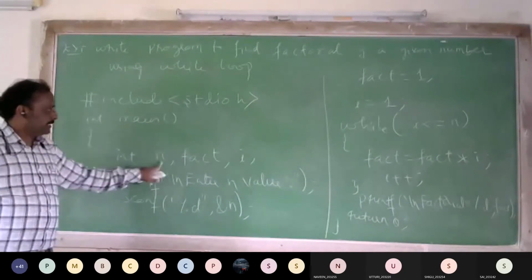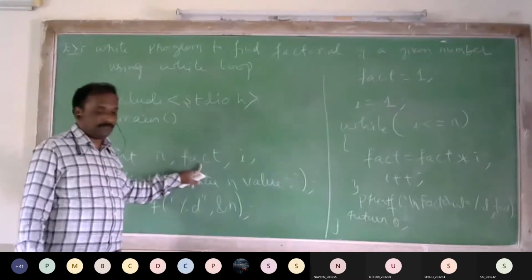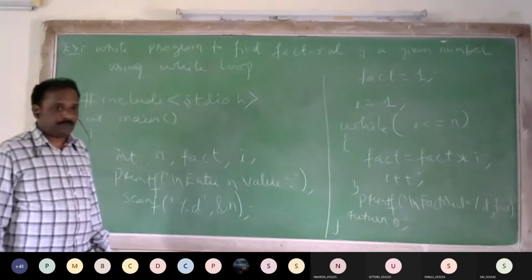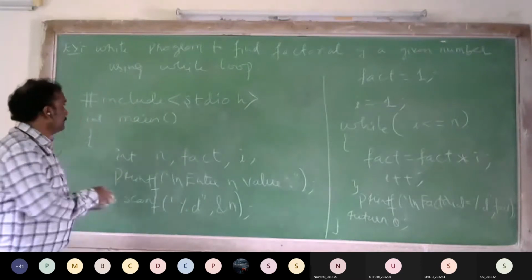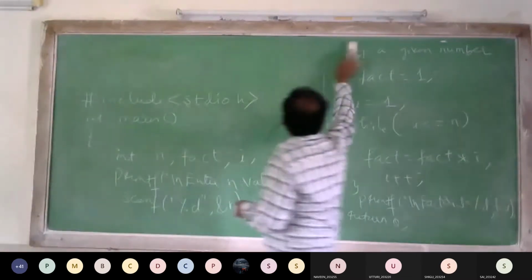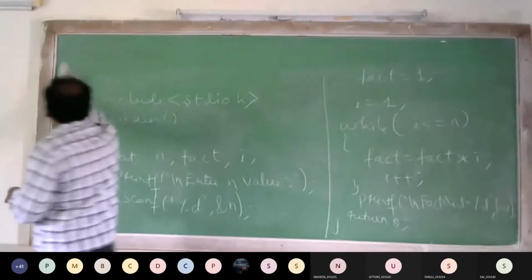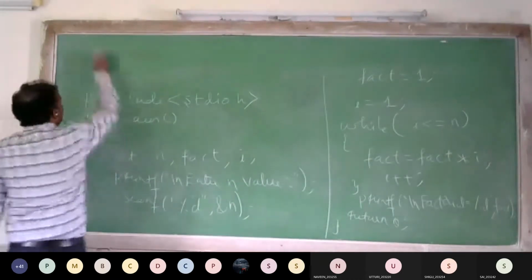So in int main, n is the variable for which we want to find the factorial, fact is for storing the result, and i is for the numbers 1, 2, 3, 4, 5 up to n. Now when we run this program, it will execute the statement enter n value.